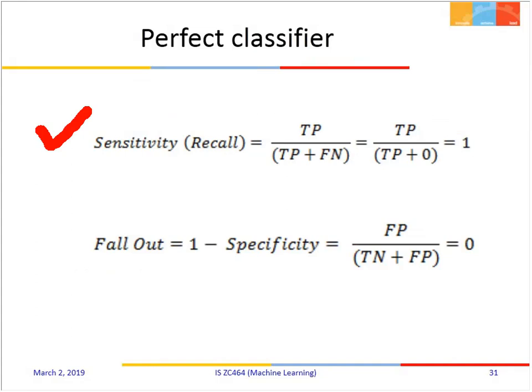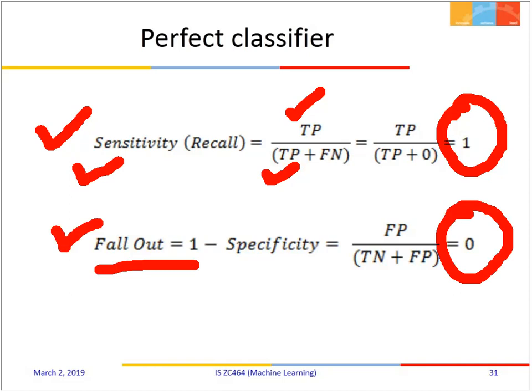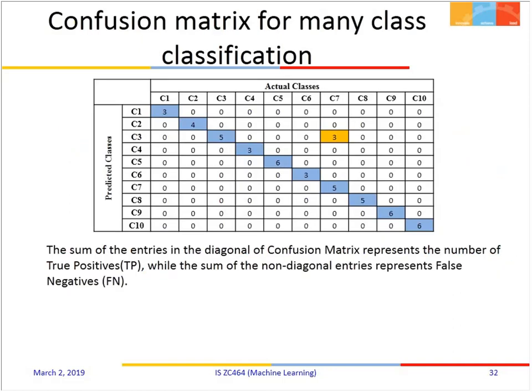It is true positive divided by true positive plus false negative. That means its sensitivity is actually 1, right? True positive is recognized as true positive. And fallout is actually 0 because FP is 0, right? So a perfect classifier is expected to get us the sensitivity value as 1 and the fallout value as 0. We will see their significance in a different form of the evaluation, which we call receiver operating curve.